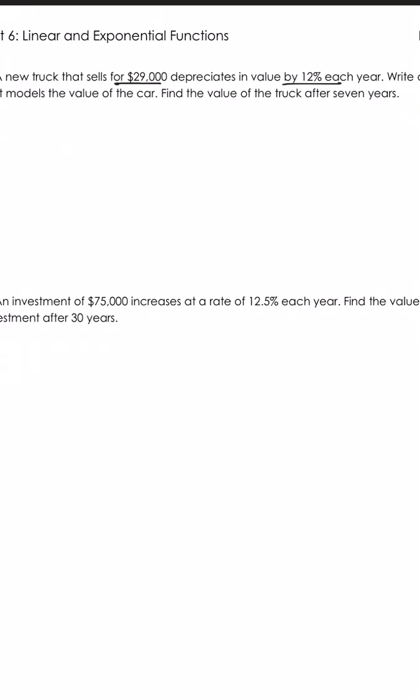Well, if I'm depreciating, that's decay. My initial value is $29,000. And we're decreasing by 12% each year. If I turn 12% into a decimal, that's 0.12. So to find my B value, because this is decay, I'm doing 1 minus 0.12.